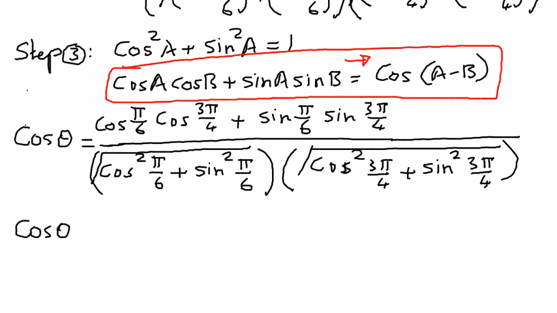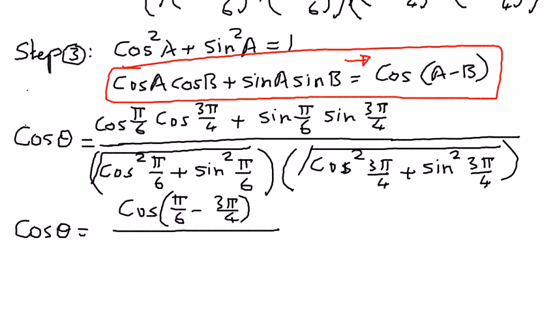Cosine theta is going to be equal to, the numerator part, cosine of pi over 6 minus 3 pi over 4, that is cosine of A minus B, divided by the square root of cosine squared pi over 6 plus sine squared pi over 6. That represents this formula, isn't it? Cosine squared A plus sine squared A is equal to 1.